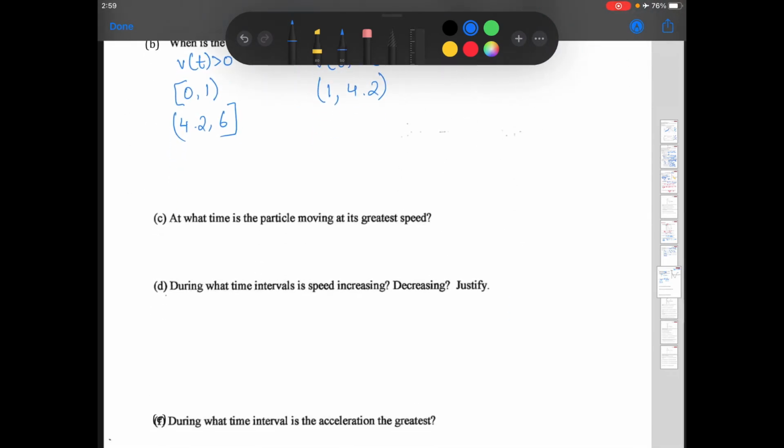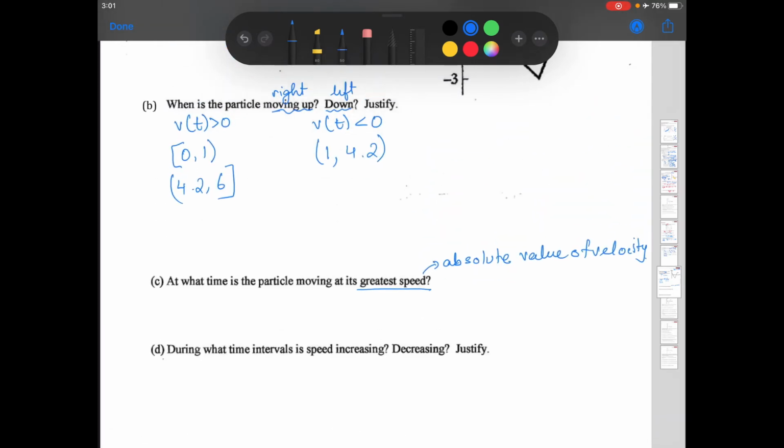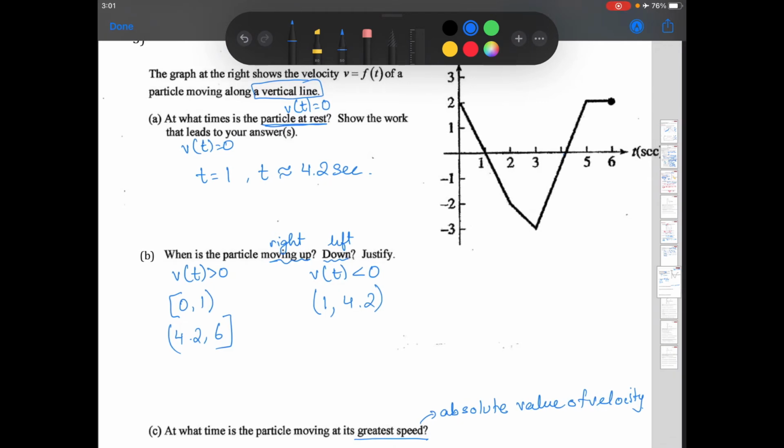And our justification, we already wrote that. Part C. At what time is the particle moving at its greatest speed? Again, it's the absolute value of velocity. We're looking at when the graph is farthest from the x-axis, in both the positive and negative direction, because speed is always positive, it's the absolute value.